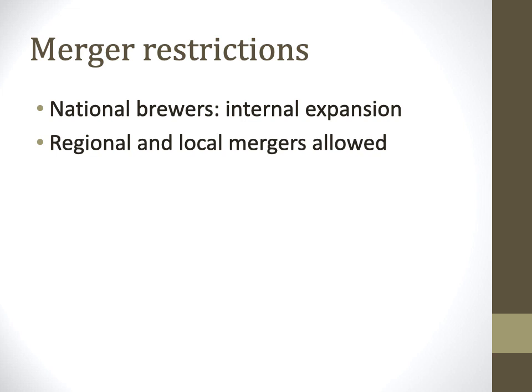Now, smaller breweries, the regional and local breweries, were allowed to merge. And as time went on, as the national beers squeezed out the locals, because the national beers had the better image and lower production costs, many of the small firms merged with each other.